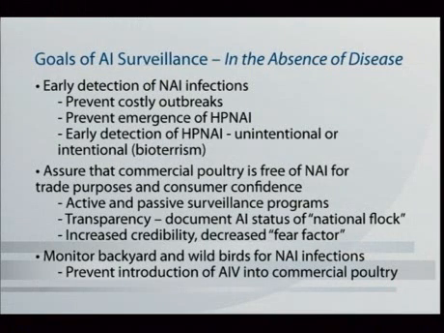By having good, reliable, and transparent reporting, we increase the credibility in the international arena and, as I already mentioned, decrease the fear factor that the public has with the mention of avian influenza these days. And finally, we need to monitor backyard and wild birds for notifiable avian influenza infections with the ultimate goal of preventing these infections in commercial poultry.